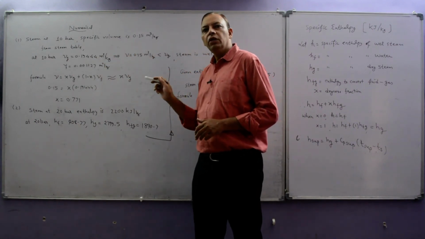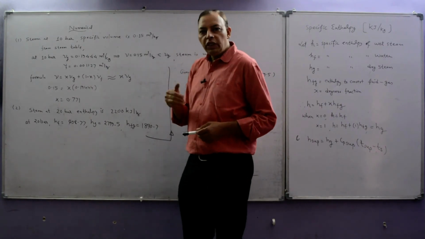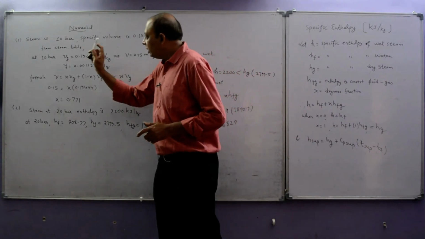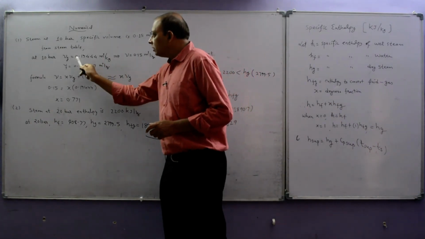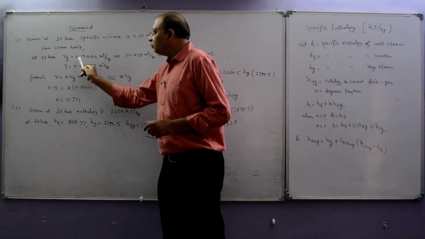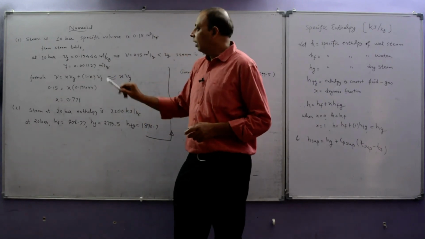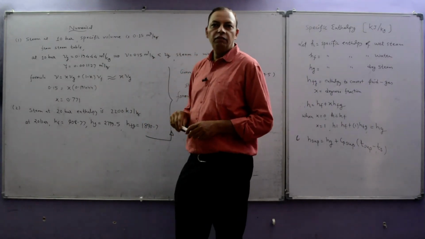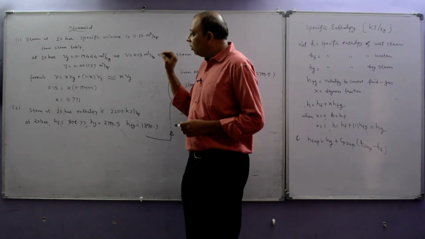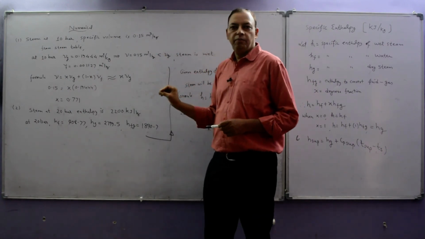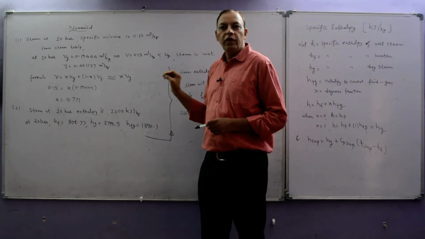In the steam table it is given that at 10 bar the value of Vg is 0.1944. Compare these two values. If the given value is less than Vg, it will always be a wet steam.